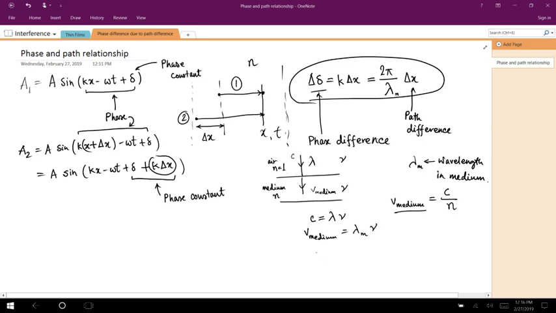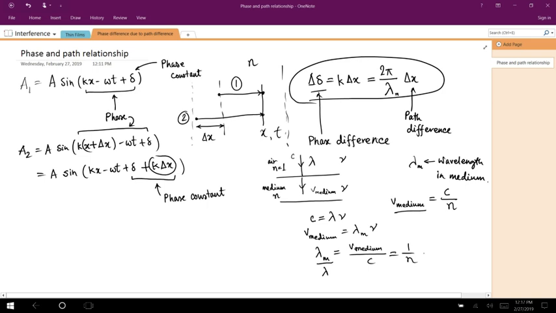So then from here, you can work out that lambda m is really equal to, if I divide this equation by that equation, then I get lambda m over lambda is equal to v medium divided by c, which is 1 over n, right?